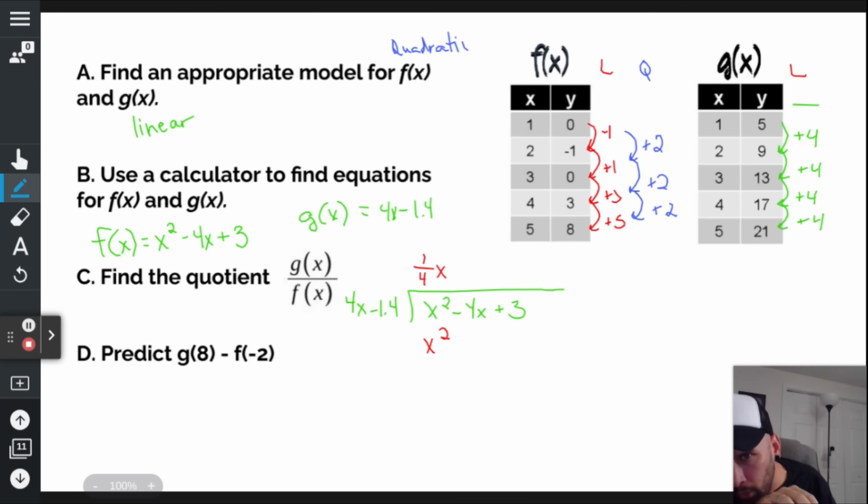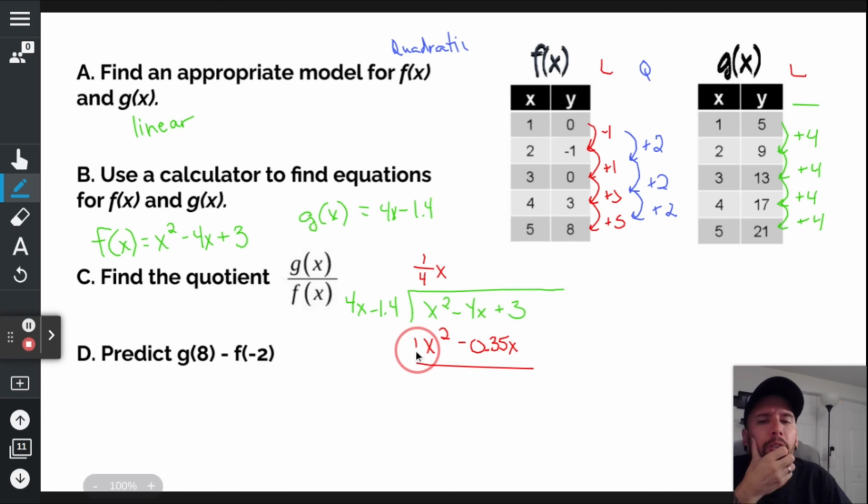Negative 1.4 divided by 4 is negative 0.35. You would never be asked to do that on a no calculator section, so I'm okay with cheating just a little bit. Flip the signs, cross you out. You become negative 3.65x plus 3.